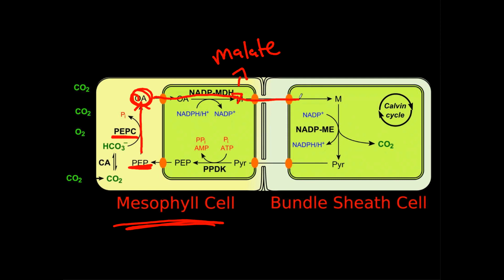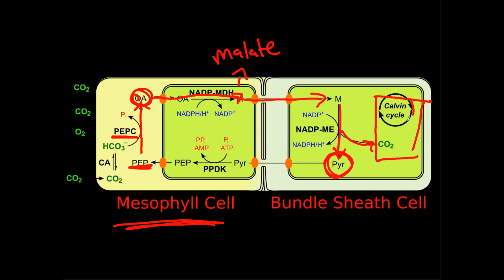That malate then is going to get transferred to the bundle sheath cells, and that malate then, through work of another enzyme, is going to be turned back into pyruvate, which is going to release a CO2. Now that we have CO2 in the bundle sheath cells, we're going to use that CO2 in the Calvin cycle, all the while keeping the CO2 high and the oxygen low, so the Calvin cycle works without Rubisco undergoing photorespiration.